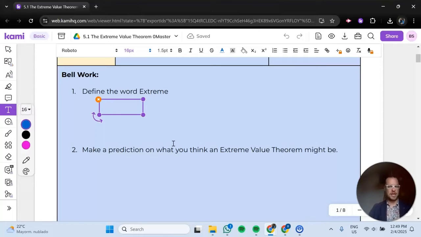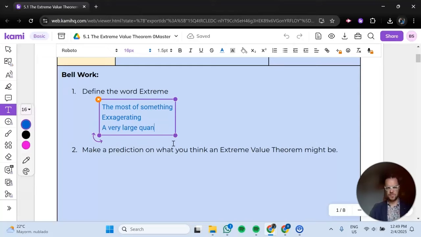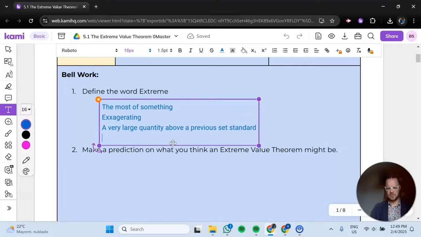When we did this, what one of my classes came up with was things like the most of something, exaggerating a very large quantity above a previous set standard, something that was dangerous. Okay, those are some of the different examples.